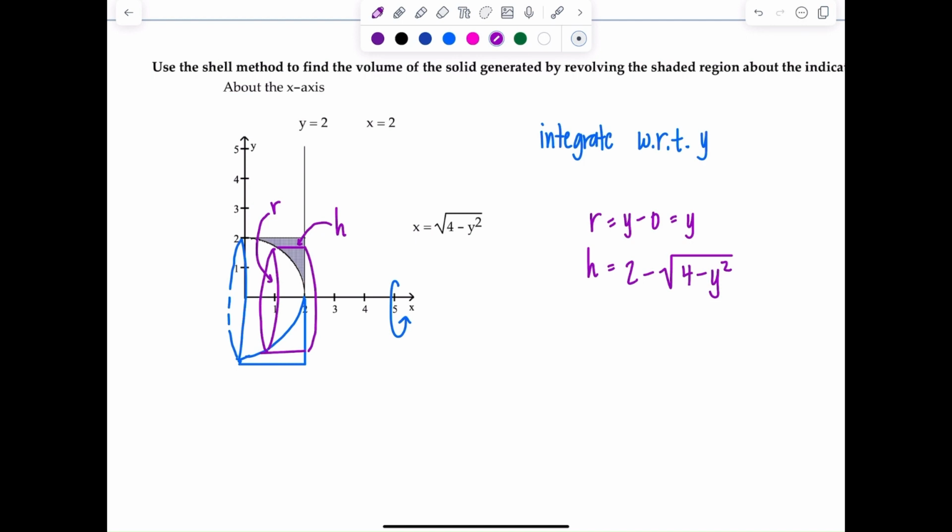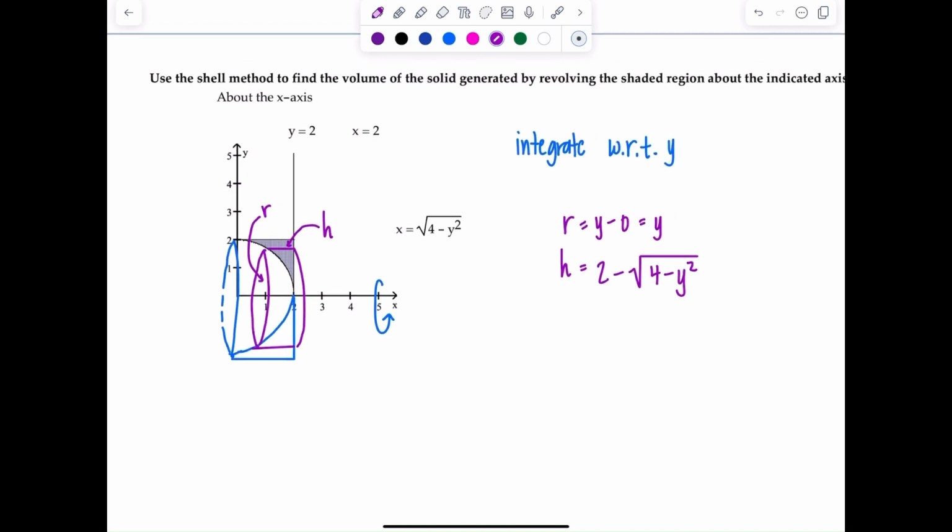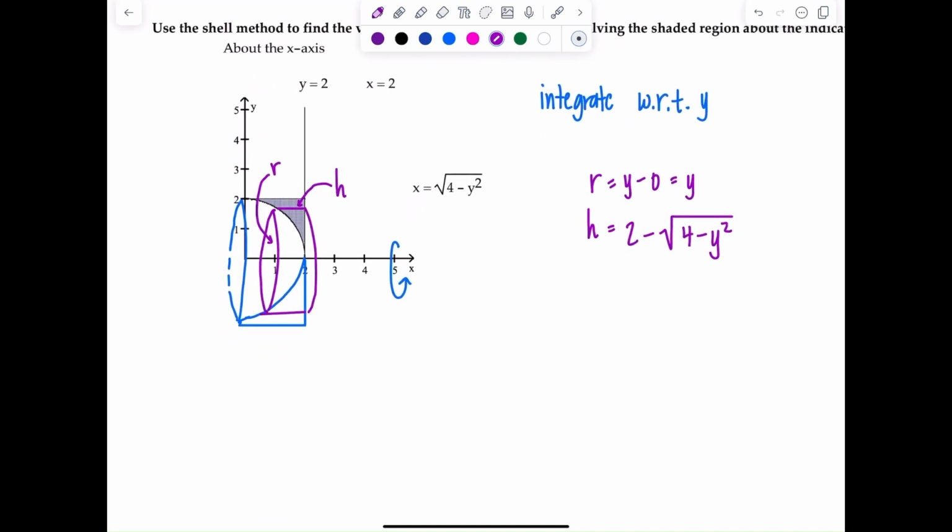Okay, that's it, literally. Limits of integration, if we're integrating with respect to y, have to be in terms of y. And the limits are determined, pay attention to what I'm going to say right now, by the original region before you spun it. Why do I say that? Because the limits are going to go from 0 to 2 for the original region before I spun.